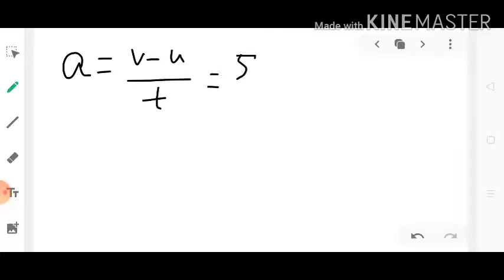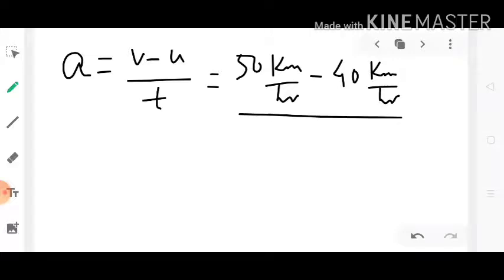So using these three values we have to find acceleration. Acceleration is v minus u by t. So 50 km per hour minus 40 km per hour divided by time. Time is 2 by 60 hour.